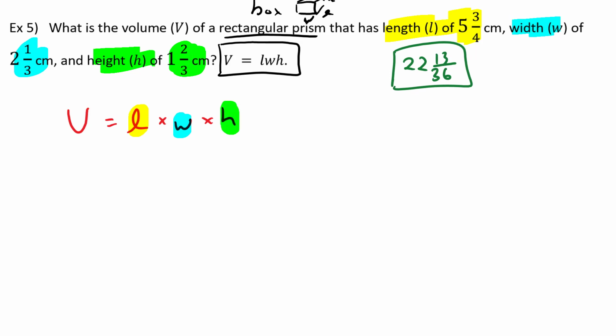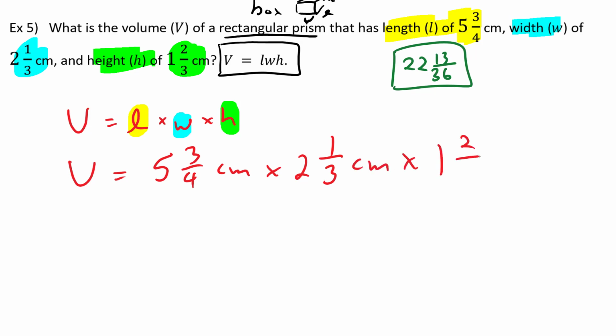We're going to take out the variable and we'll put in what the number is, and we're going to add the unit in as well. Now we have mixed numbers. First thing is convert them to improper fractions, keeping the units in there.